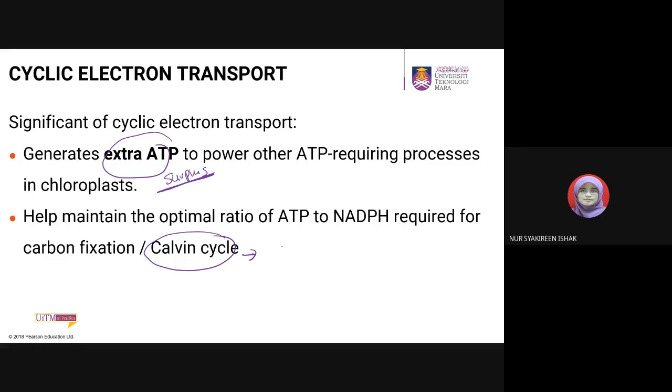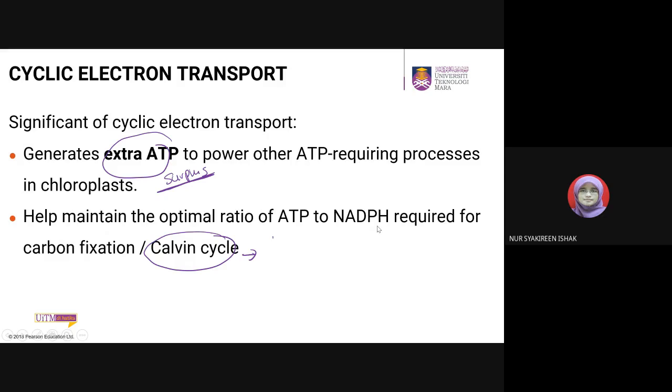It requires much more ATP molecule compared to an NADPH molecule. So this will generate the extra ATP that is needed during Calvin cycle. Okay. Jadi kita tengok ada dia punya fix number, berapa banyak ATP yang diperlukan, berapa banyak NADPH diperlukan yang awak kena ingat.